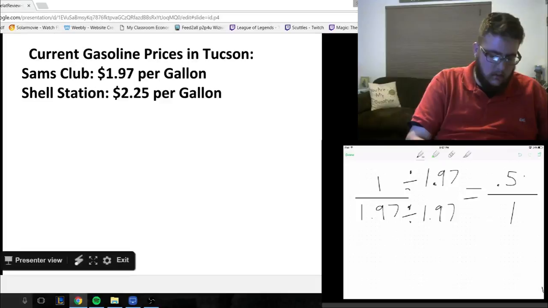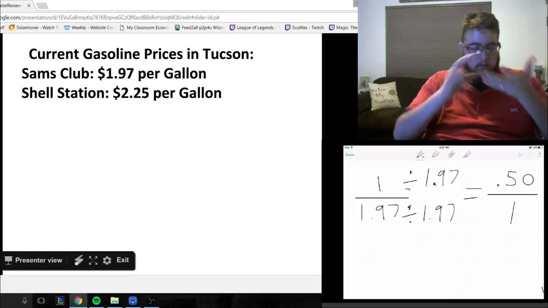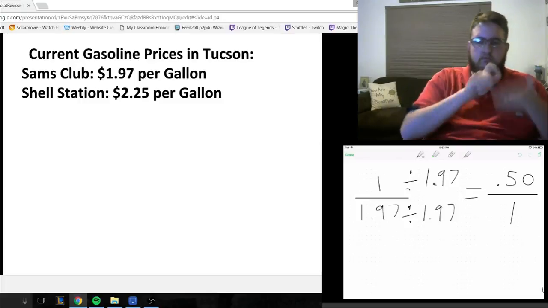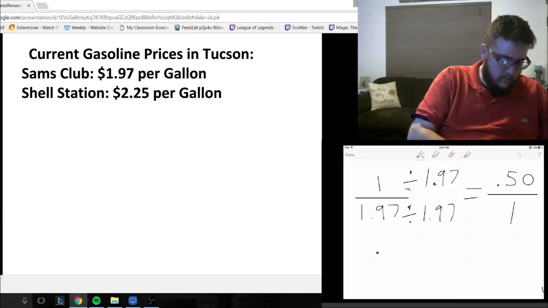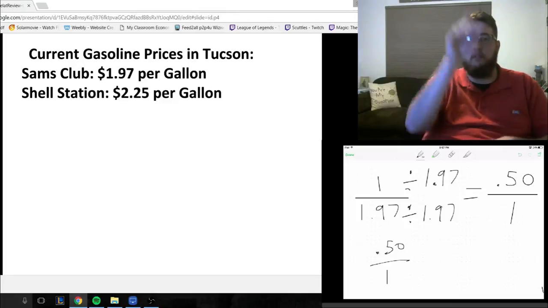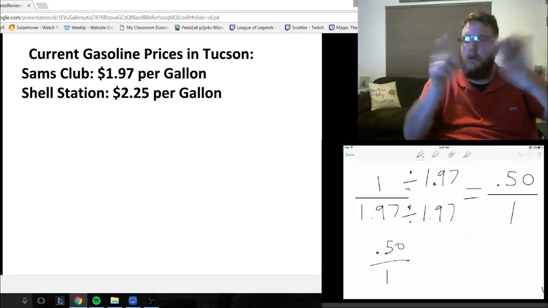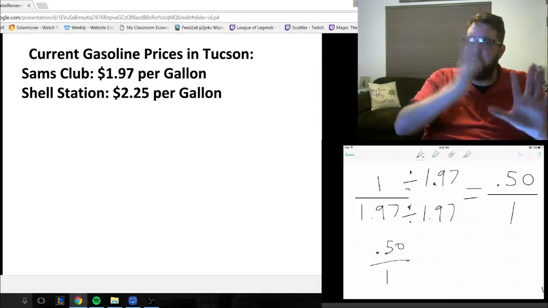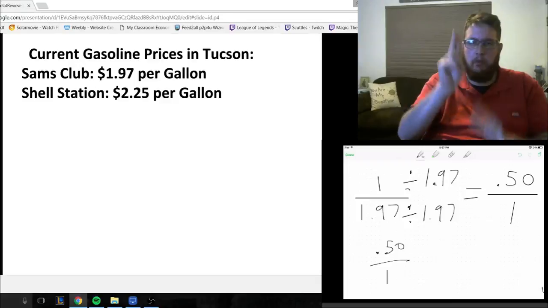So now we have to think about our units. So I'll just write it again and add the units to it. So remember before we had originally dollars per gallon, but because we accidentally wrote it upside down, now we've got a different set of units.